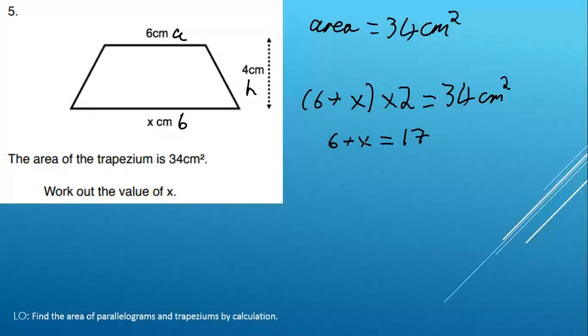So it means that 6 add x equals 17. So then I'm just going to label that really quick so that we all know what we've done. We've divided by 2. Here, we're going to take away 6, and that leaves us with x equals 11. So this value here must be 11 centimeters.